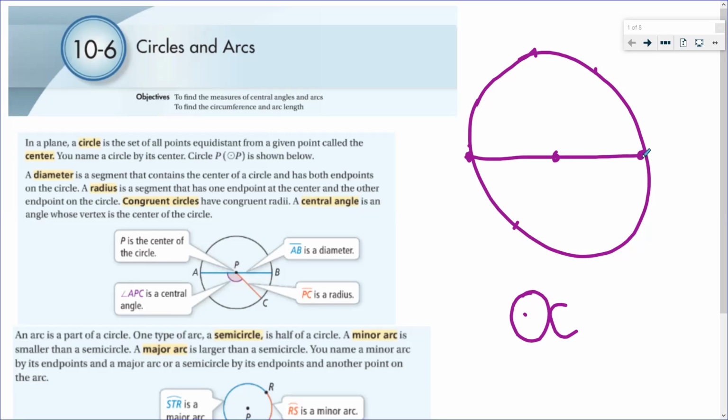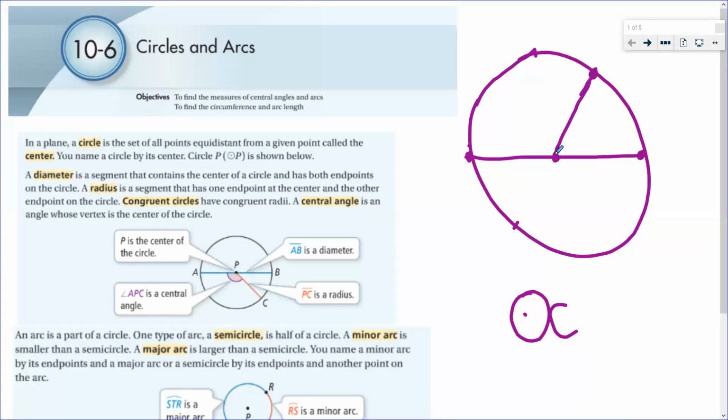It is a segment that contains the center of the circle and has its two endpoints on the circle. The radius is a line segment that has two endpoints. The first endpoint is a point on the circle, and the second endpoint is the center.